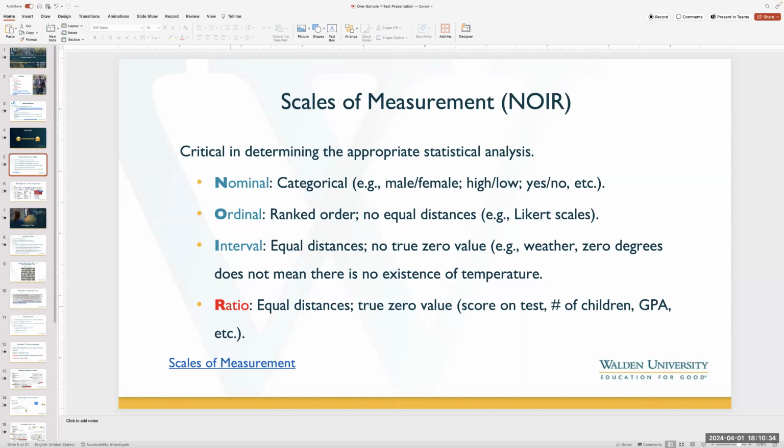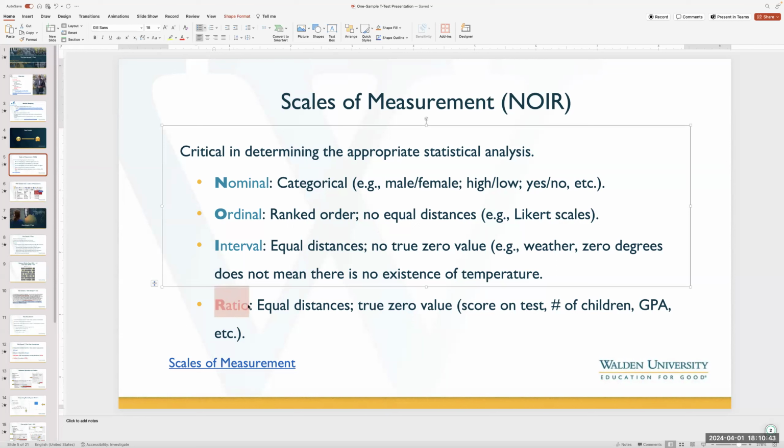And what we're going to be looking at when we talk about the one sample t-test is that we're going to need to use a ratio scale of measurement. And we'll take a look at that. We wouldn't want to select a nominal or an ordinal or an interval category. We want to make sure it's a ratio variable.